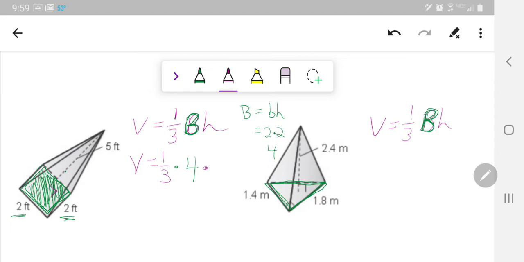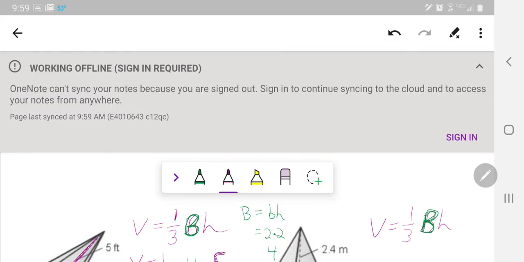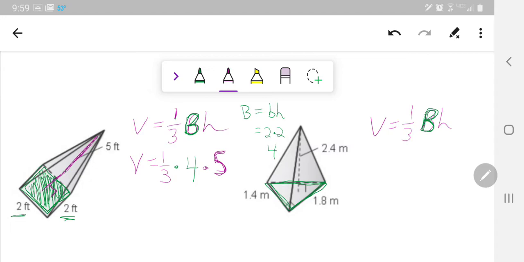So that goes from the shaded green base up here like that. That would be 5 in this case. So then we'll multiply those and get 20 divided by 3, which would be 6 2/3 feet cubed, since we're doing volume.